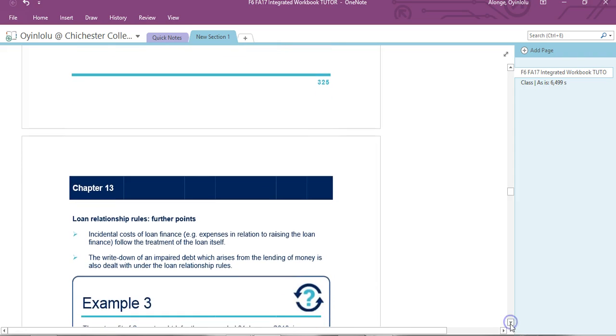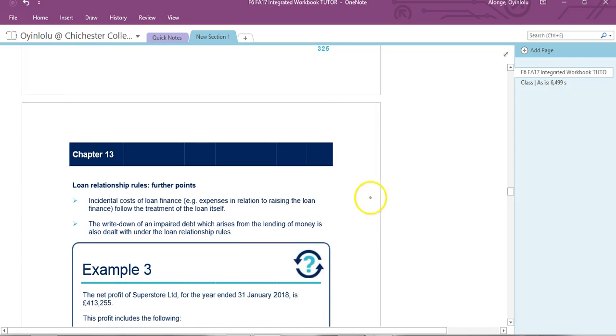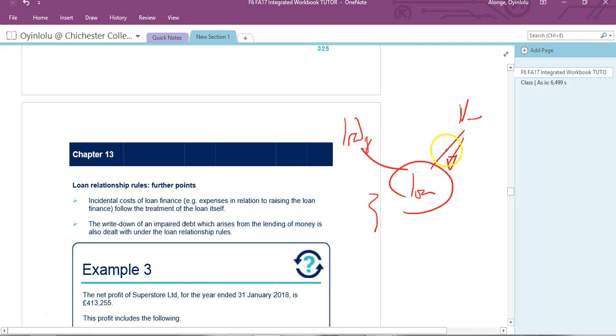Again, it's always about the driver. What's driving it? If you see a scenario where you have a loan, is the interest relating to a trading issue or a non-trading issue? If it's non-trading, put it in the interest bracket. If it's trading, leave it within trade.